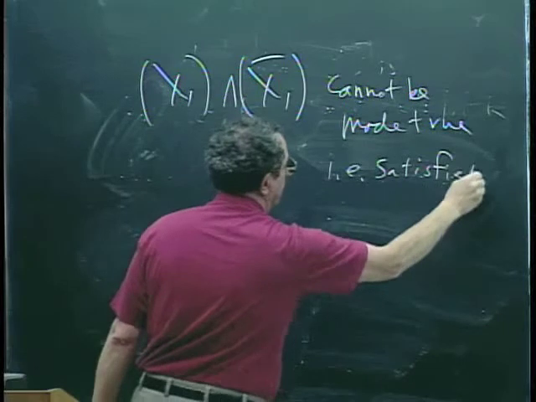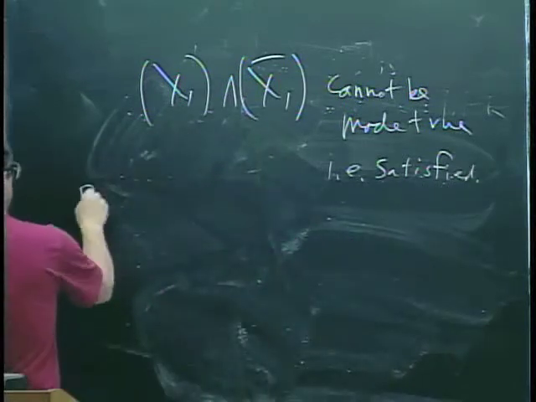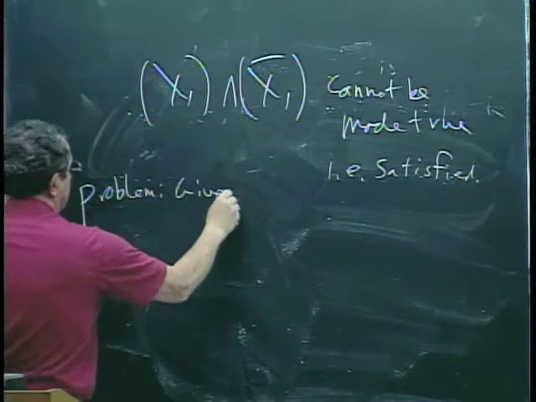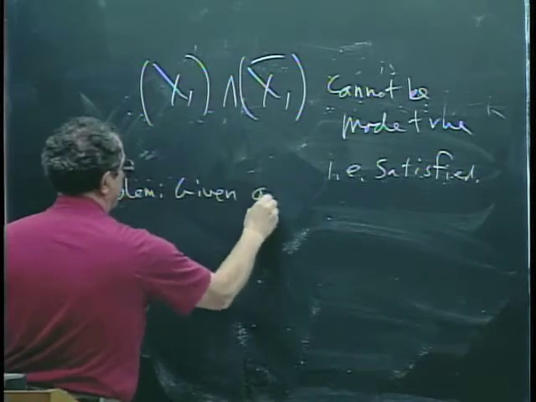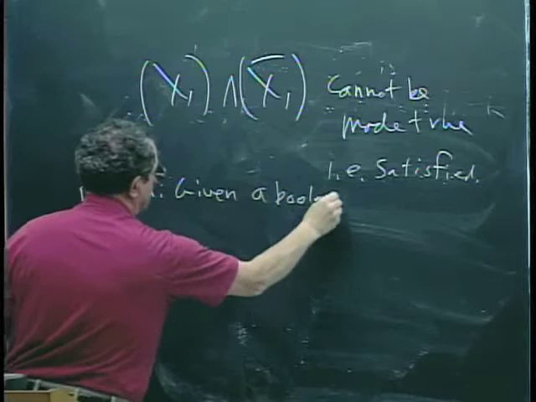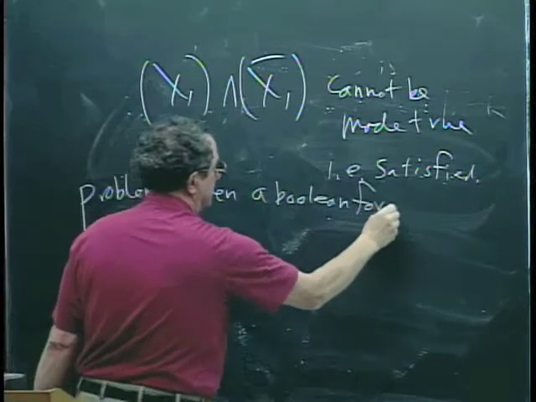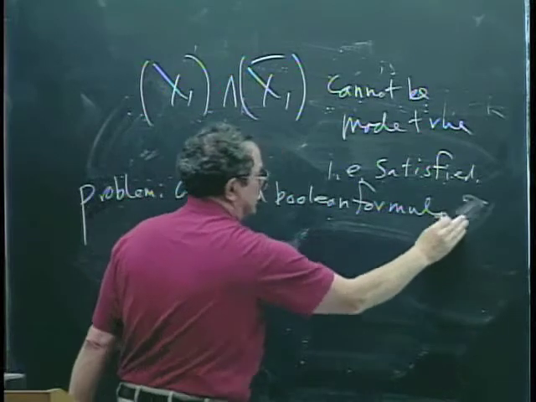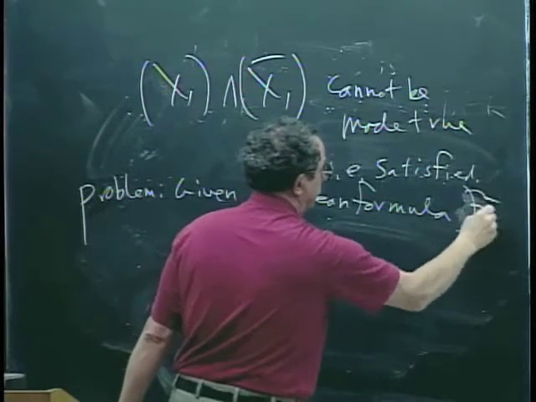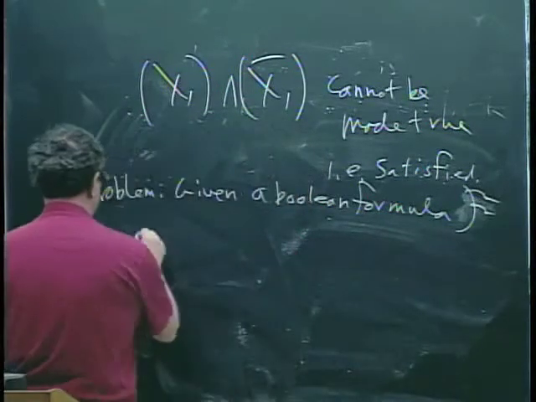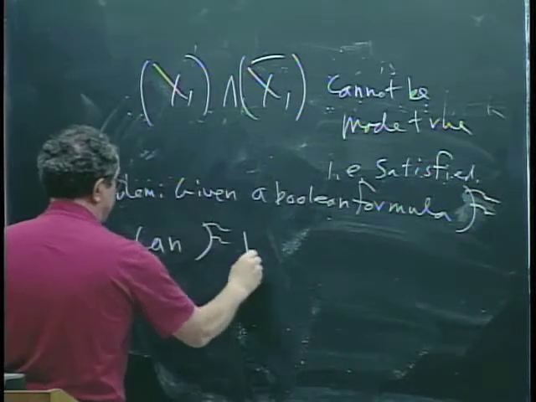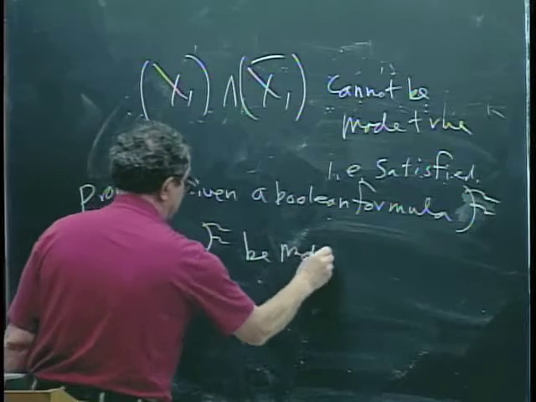Satisfied. Okay, so the satisfiability problem is the following problem. Given a Boolean formula, call it, well, give it a name, script F, can script F be made true?